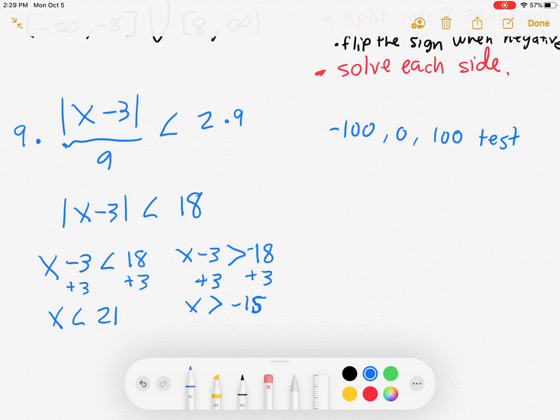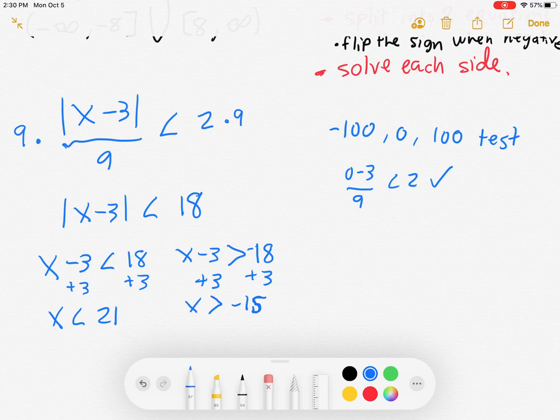Well, no, it doesn't, because negative 100 minus 3, absolute value, divided by 9 is going to be 103 over 9, which is definitely not less than 2. 100 falls to the same thing, but notice 0 does work. 0 minus 3 divided by 9 is definitely less than 2. So our interval has to include 0.